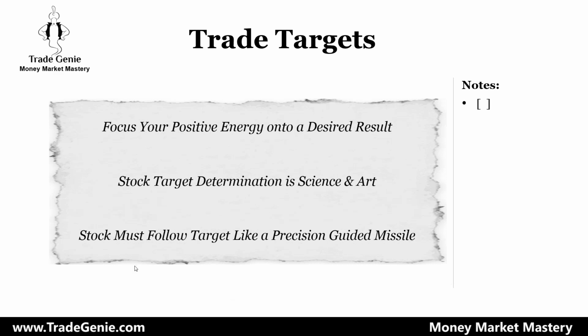So the determination of target is a science and an art. You really need to constantly evaluate your targets. It's like the missile goes and constantly follows where it's supposed to go and hit.